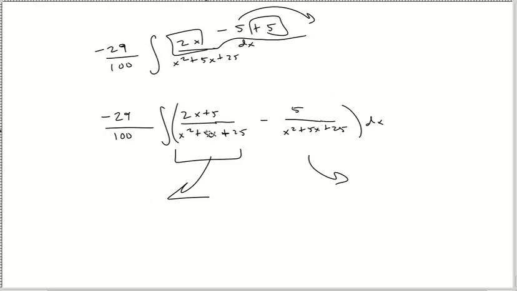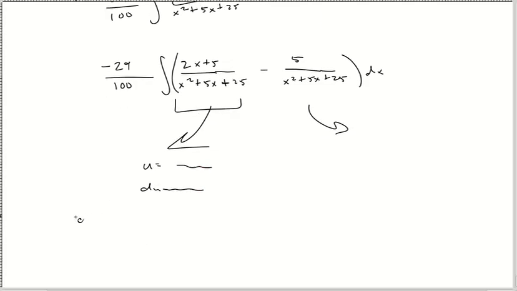Let's just finish this one up, and we'll tack it on to what we already have. I already said that my u is equal to the denominator, and du, and everything's going to cancel nicely so that we get this guy here. That would be just 1 over u du straight up. And so I could just put this right here inside of my ln. Awesome.